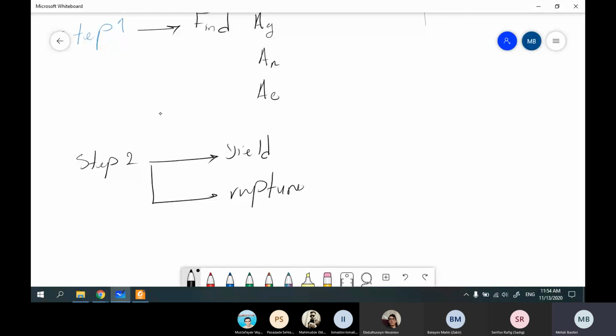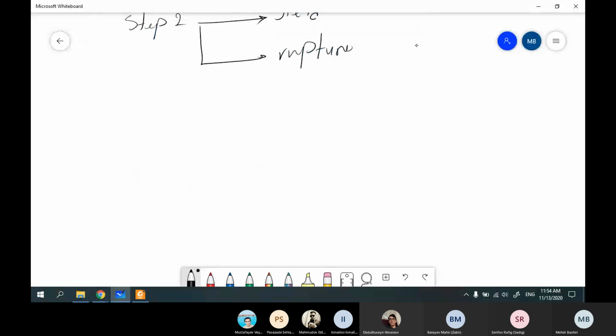And you all know how to find. Step three, check slenderness ratio. If it's less than 300 or more than 300.